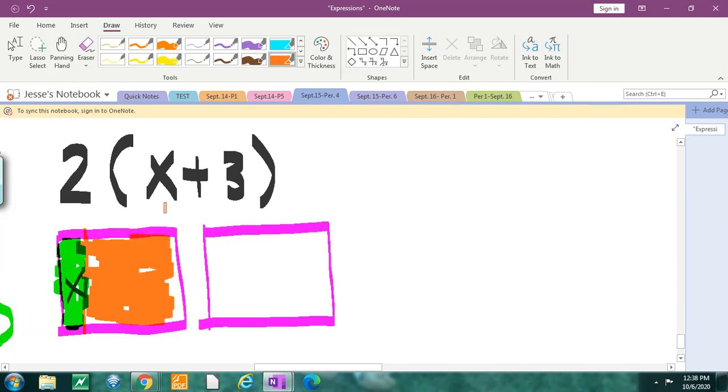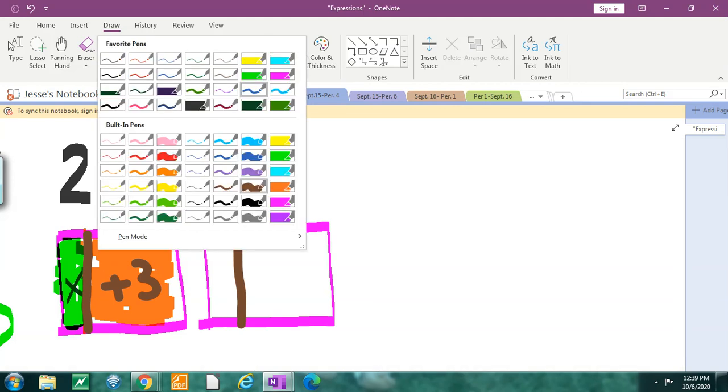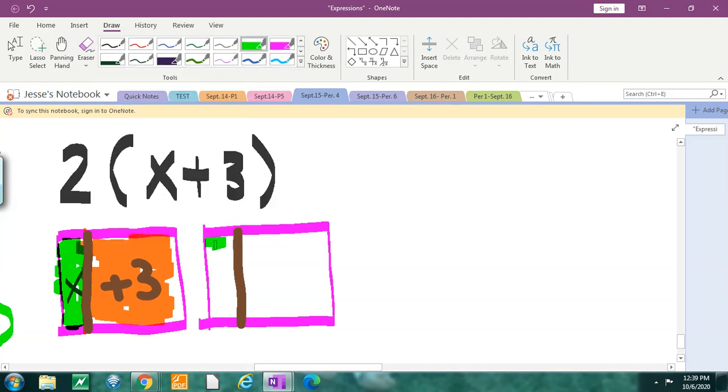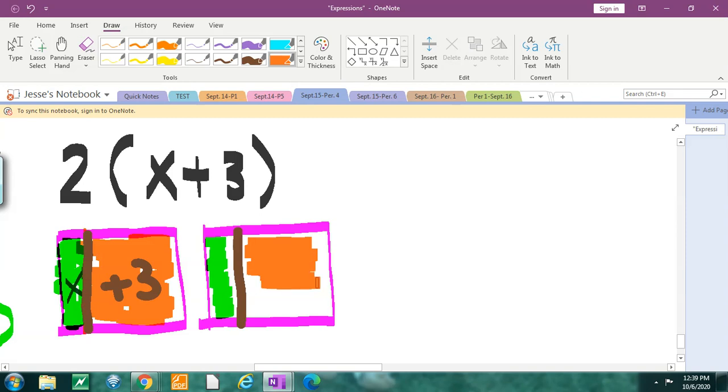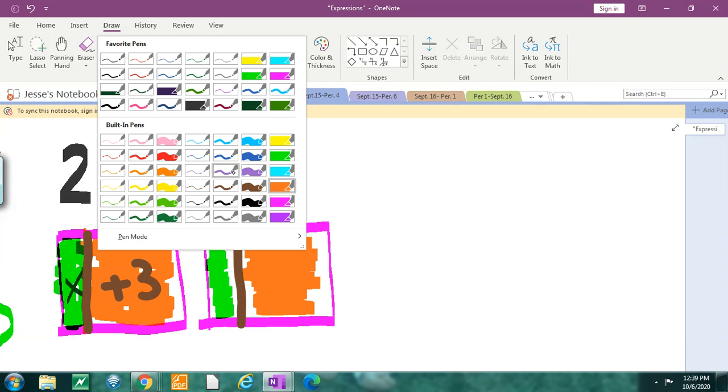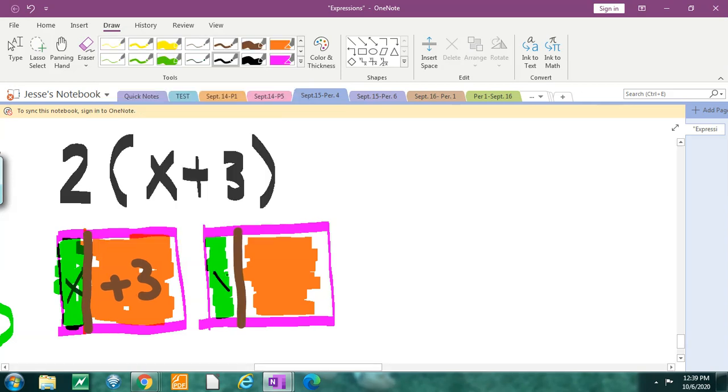You could put a line right in the middle. And so this is plus 3. All right, so you got your x, 2 groups of x plus 3. Again, 2 groups of x. Where's my x? Right there. And then your plus 3. And that's what it means, guys. But you don't want to be doing this all the time. But this is what it means. 2 groups of x, and then there's your plus 3.